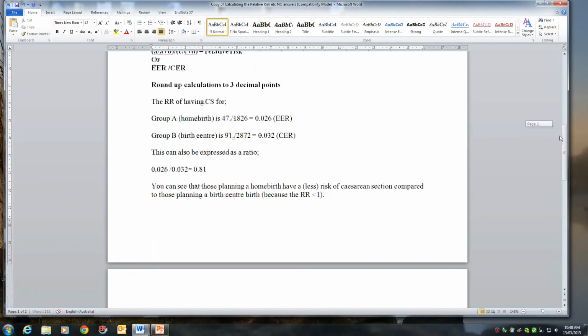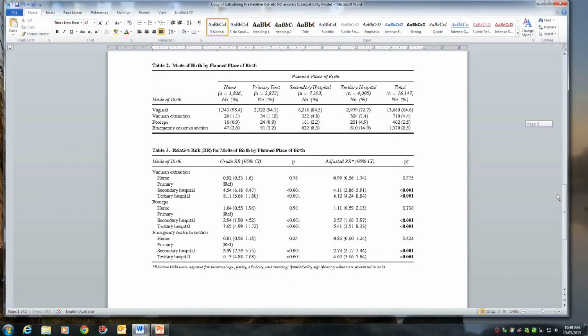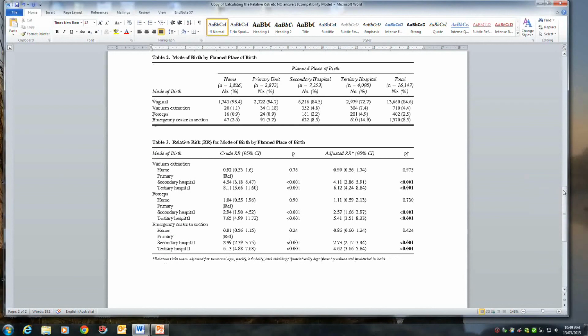Now this result did come out of an actual study, so let's have a look. This was a study that I did in New Zealand looking at mode of birth by planned place of birth. We calculated a crude relative risk because the adjusted one is a lot more complicated to calculate and we'd need a computer for that and a program.